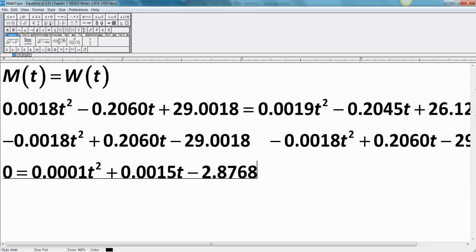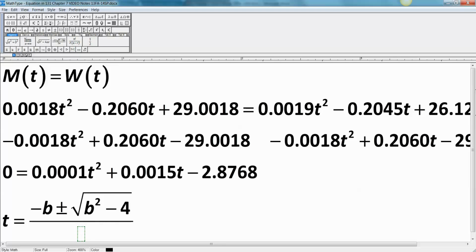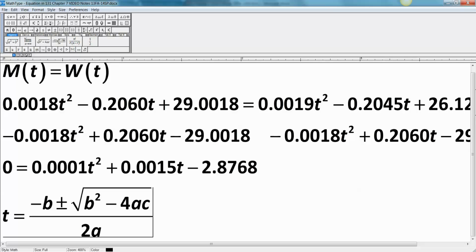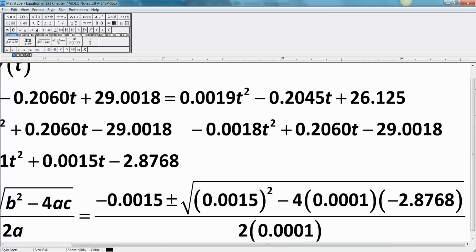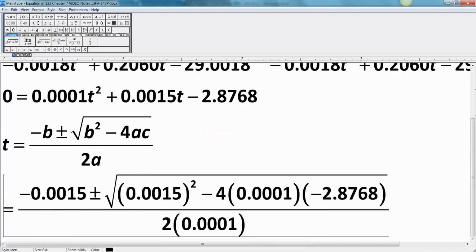Hey, it's a quadratic. It's an ugly quadratic. So t is equal to negative b plus or minus square root b squared minus 4ac all over 2a. And you've got some pretty ugly decimals in there, so let me type those in. There we go. Ugh, it's pretty terrible, I know.